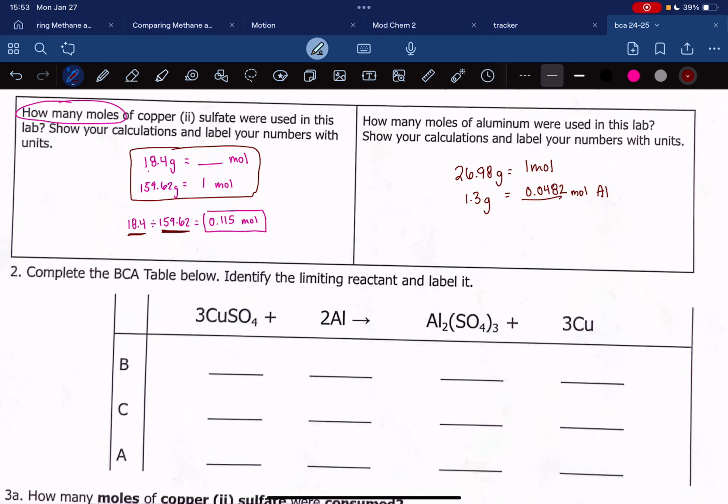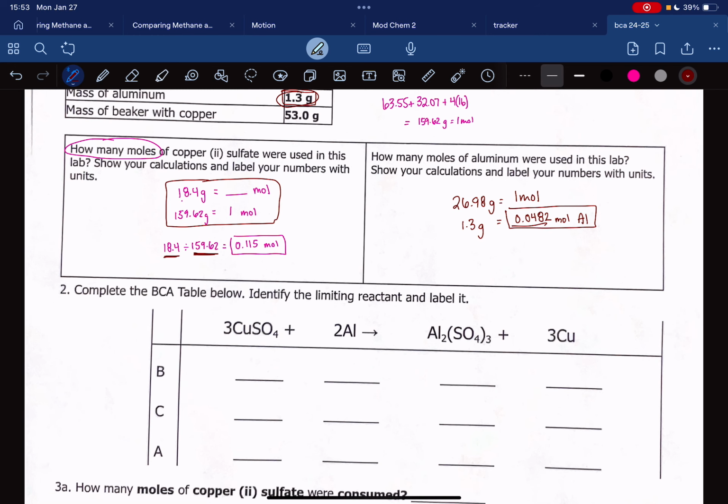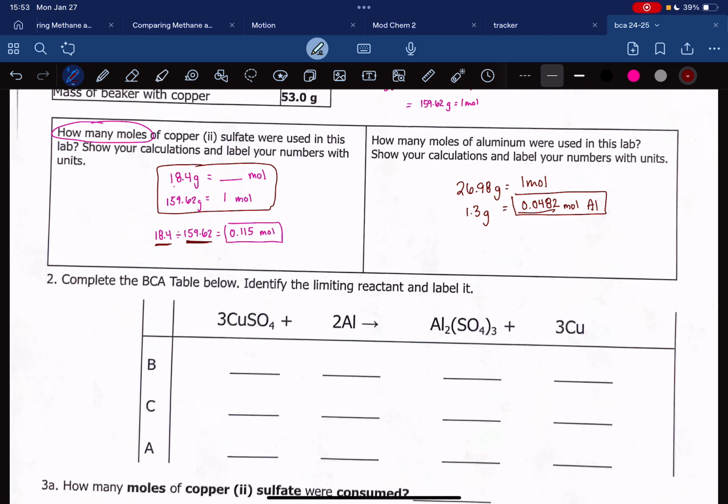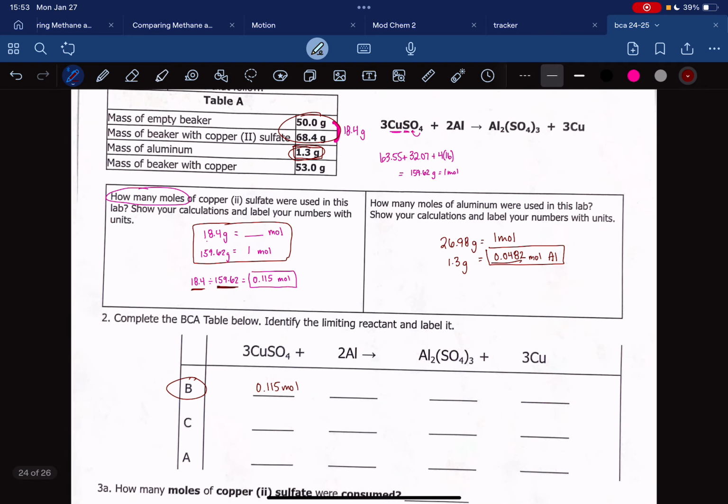Okay, so now I'll take my numbers from question number 1, and I will plug those into my BCA table. 0.115, that's the amount of copper sulfate that I have before the reaction happens, right? This is before the reaction happens.